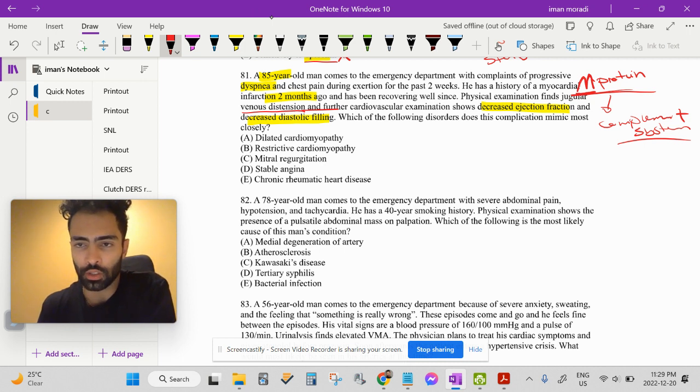You know what decreased ejection fraction is, and decreased diastolic filling basically tells us about the venous distension part.